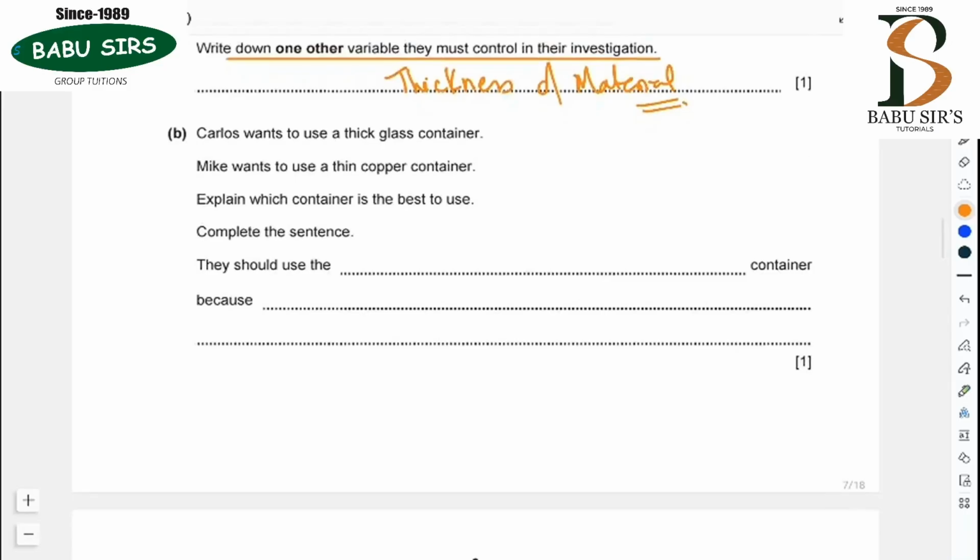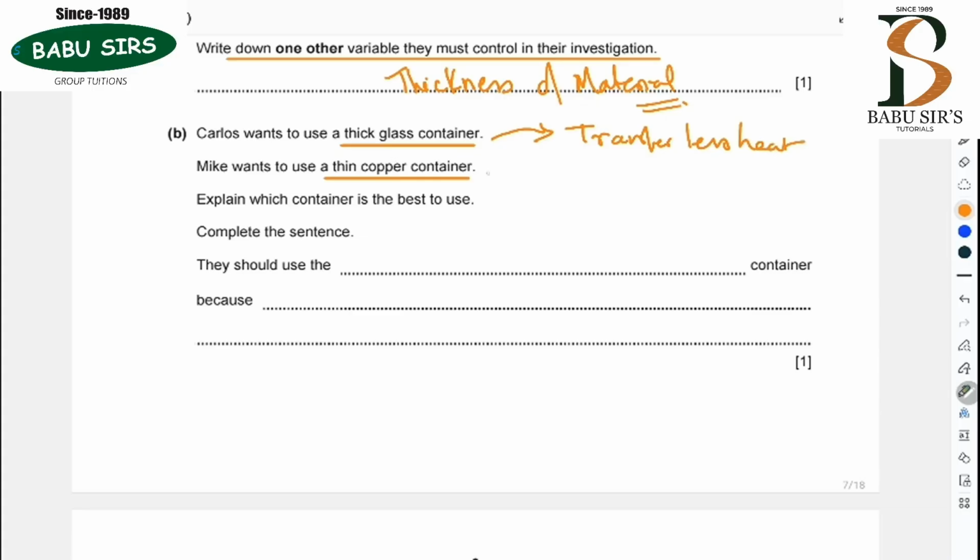Next question is, Carlos wants to use a thick glass container and Mike wants to use a thin copper container. If you use a thick glass container, it will transfer less heat.